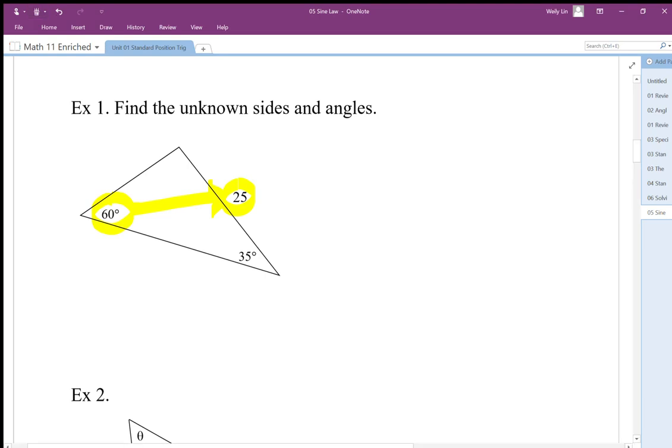So that's a key point. So I'm going to maybe make a point here. Make sure you have an angle and opposite side pair.